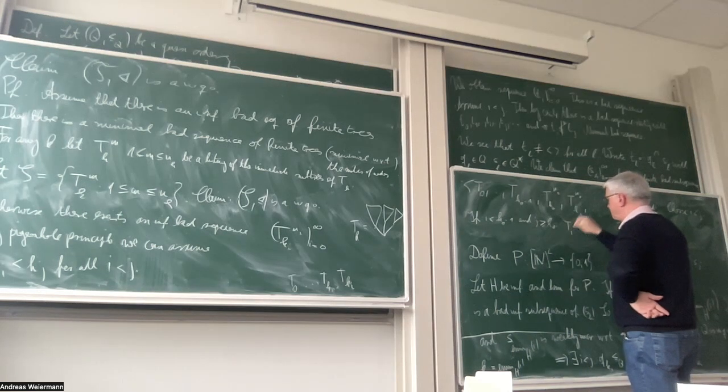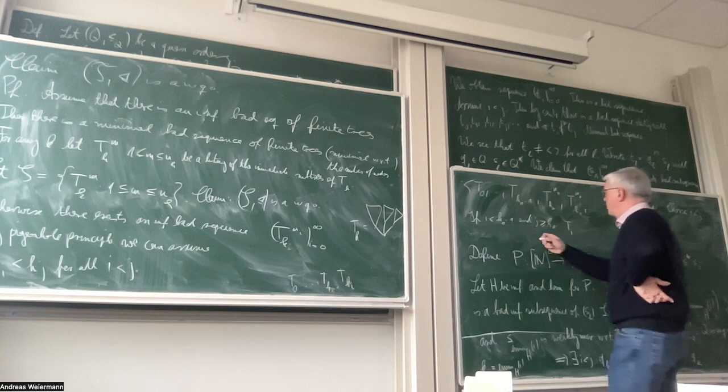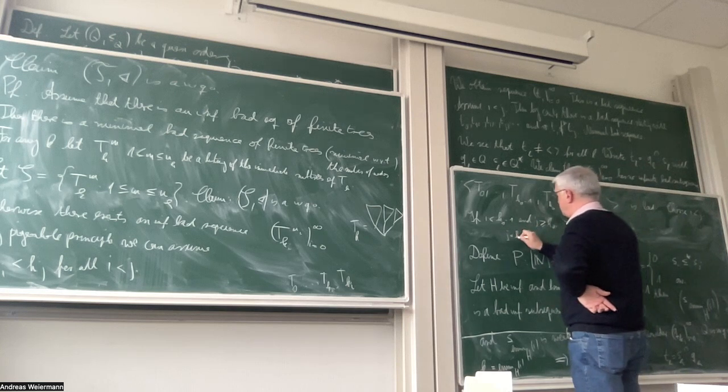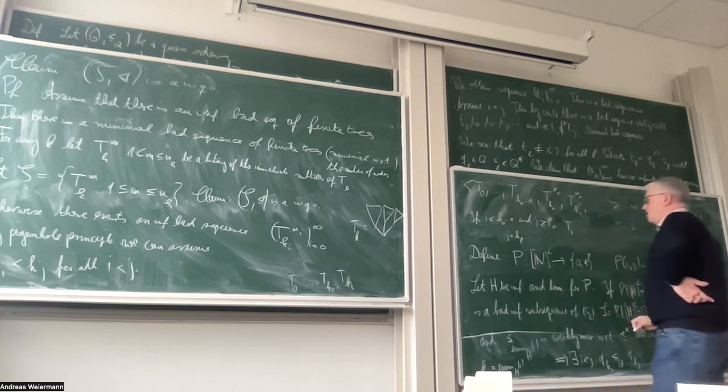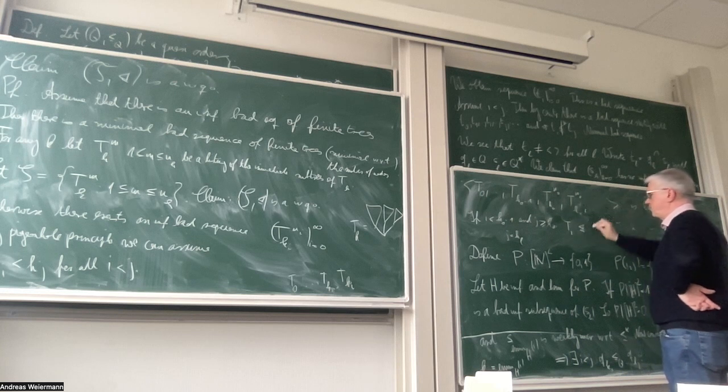Well, j is one of those. j is, let's say, some kl. Assume that this is embeddable into t kl.